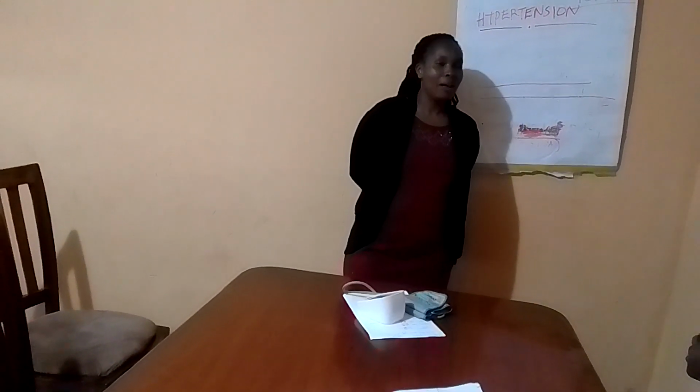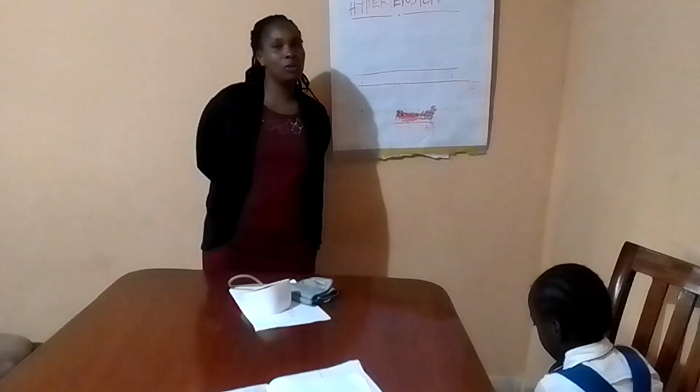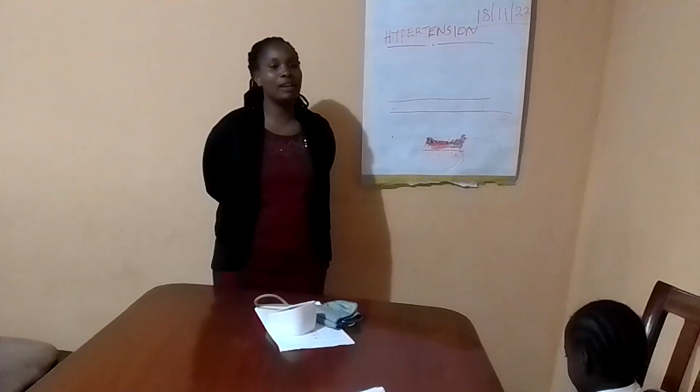When someone has persistent elevated blood pressure, and in a day we do three consecutive readings and find that your blood pressure is more than 120/80 millimeters of mercury, we can conclude that that pressure is high. But of course, we will tell you to come the next day and the next day to confirm those measurements.